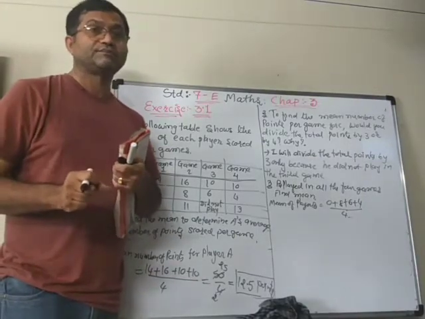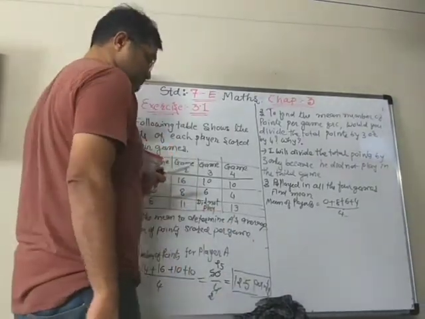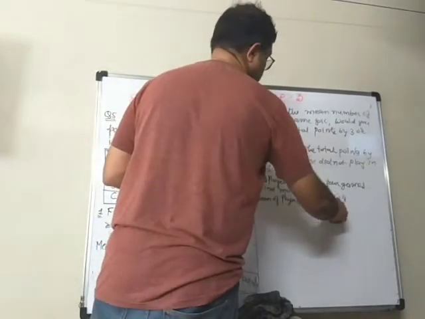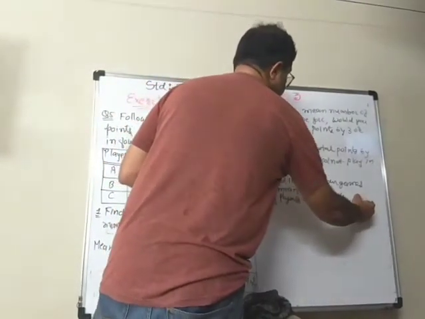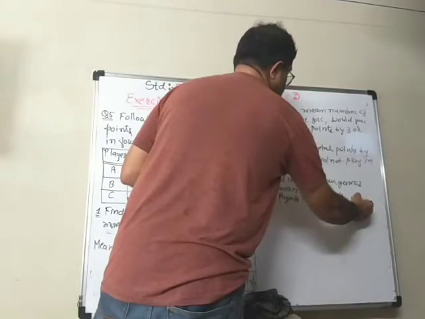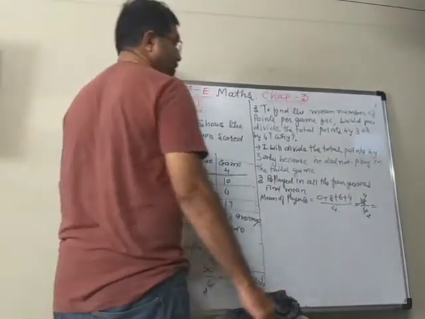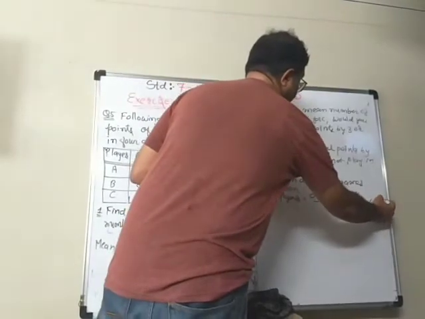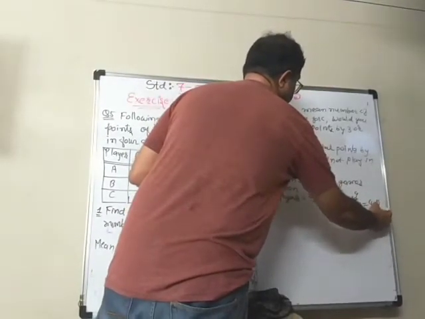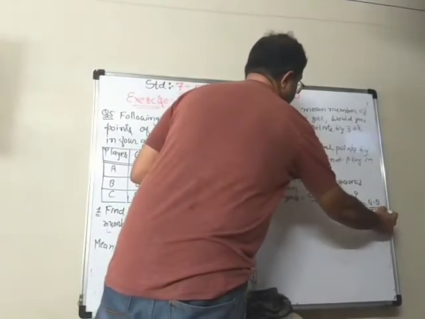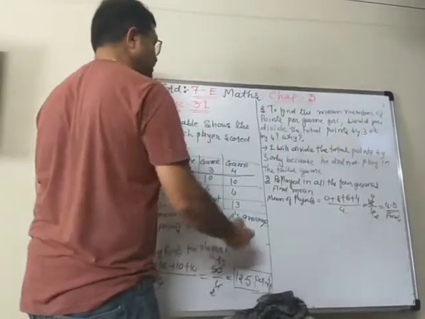But here, we have to divide by 4. So 6 plus 4, 10. 10 plus 8, 18. 18 divided by 4, so 9 upon 2. 9 upon 2 is 4.5 points. So this is B's average.